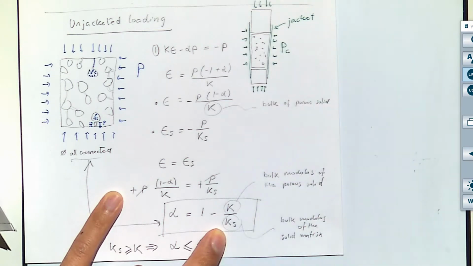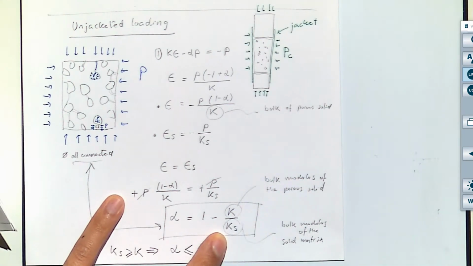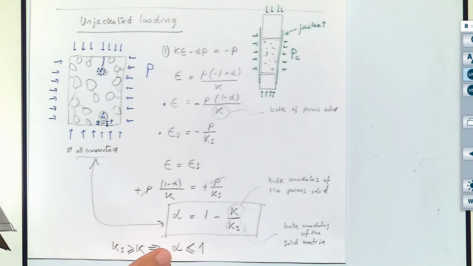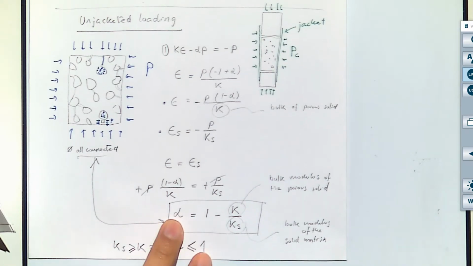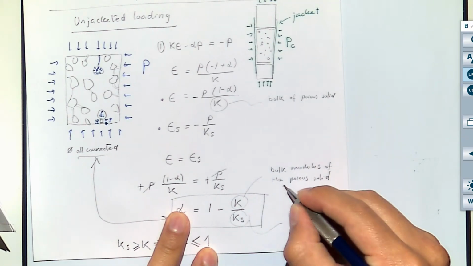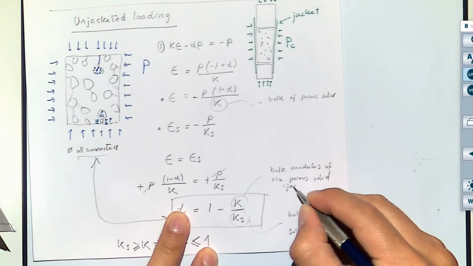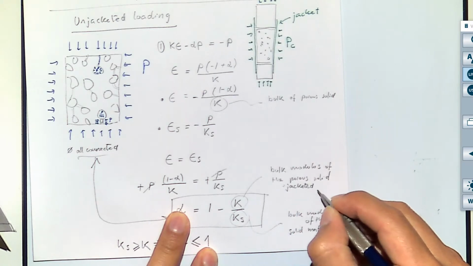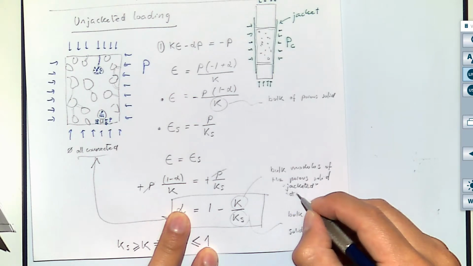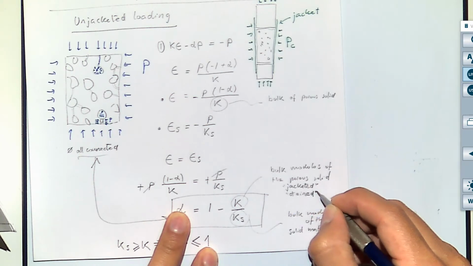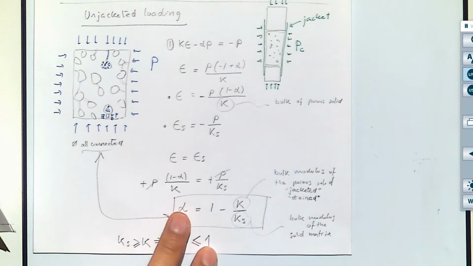And by increasing that, and measuring the deformation as you increase the pressure, you can measure the bulk modulus of the rock. And actually, that's going to be something which is called jacketed, because now it has a jacket. And also, it's going to be drained. We'll see why that later on. But it's going to have those two names.